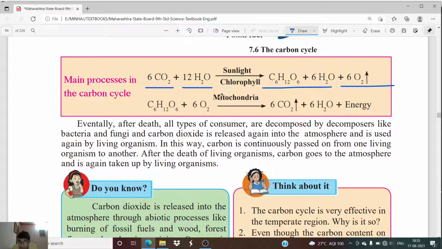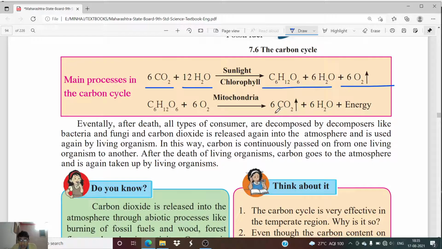which is called as powerhouse of the cell, okay, in this particular powerhouse of the cell, 6 molecules of carbon dioxide are going to be produced along with the 6 molecules of water, and energy is going to be utilized by the body.